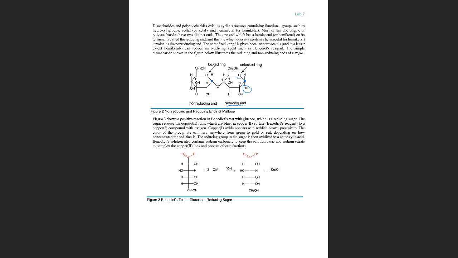Well, you are going to have your tube and you are going to watch the video. Let's say you have glucose, right? And you are going to add a solution of copper +2.